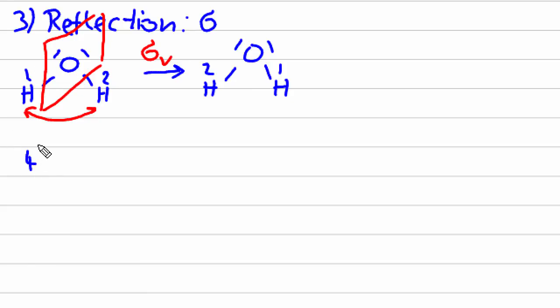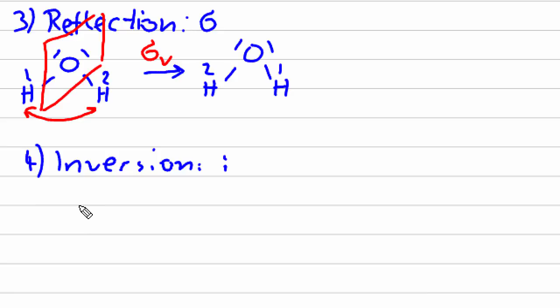Symmetry operation number 4 is the so-called inversion. And the inversion we usually write down as i. So this time I can't use the water molecule because the water molecule does not have an inversion symmetry center.